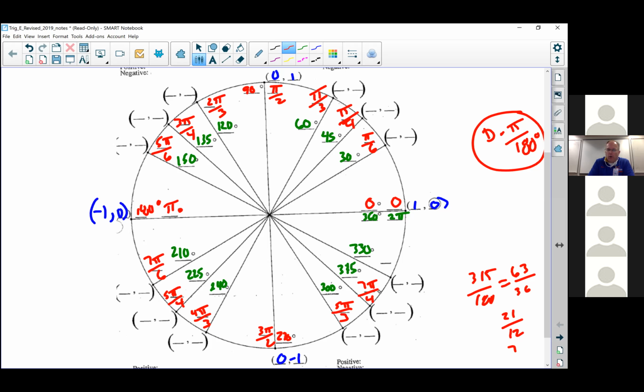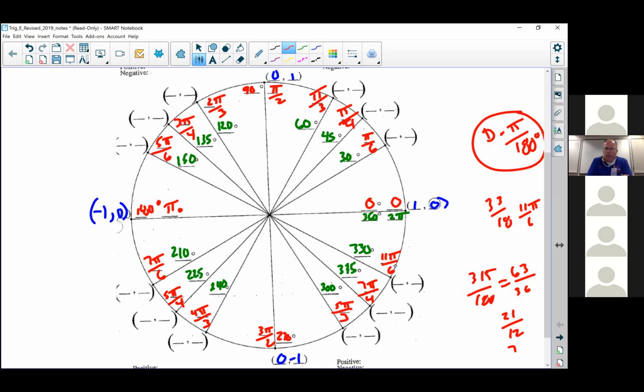Okay. So all I'm doing right now is converting everything to radians. So I'm multiplying the degrees times pi over 180. So 330 over 180, 33 over 18, 3 goes into it, 11 pi over 6. So I think the radians might be the hardest part of it, just converting.